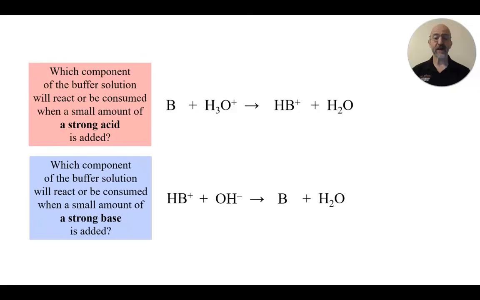In that case, the B, or the base, would react with the strong acid to produce HB+, the conjugate acid, or if you have a strong base, then the HB+ would react with the hydroxide to produce B. But either way, the two components of this conjugate acid-base pair in the buffer would stay relatively constant in terms of their ratio, and that would keep the pH from changing.